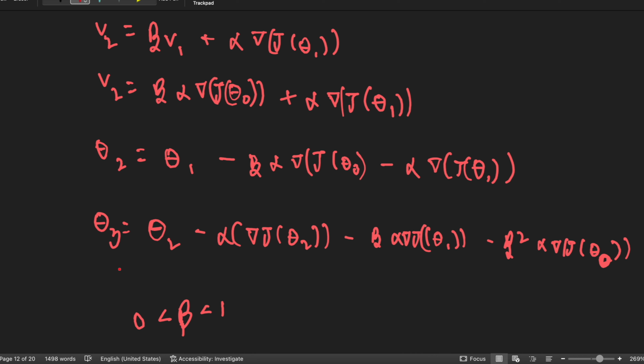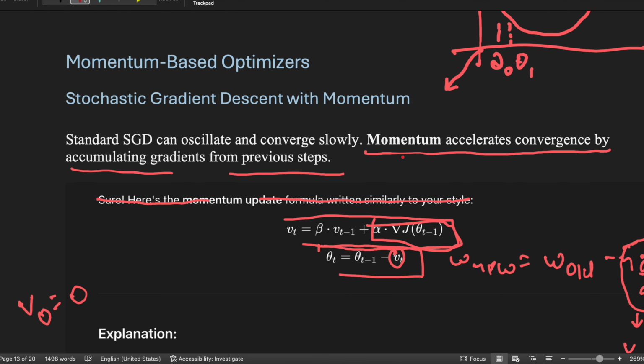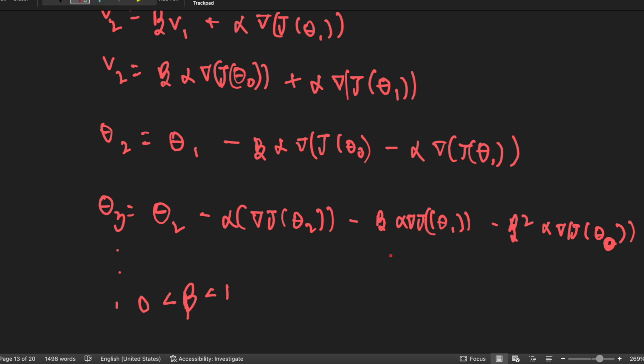If we continue this loop, in theta 5 or theta 6, the contribution by theta 0 becomes smaller and smaller, and the same pattern goes for theta 1 and theta 2. So it is written that momentum accelerates convergence by accumulating gradients from previous steps.